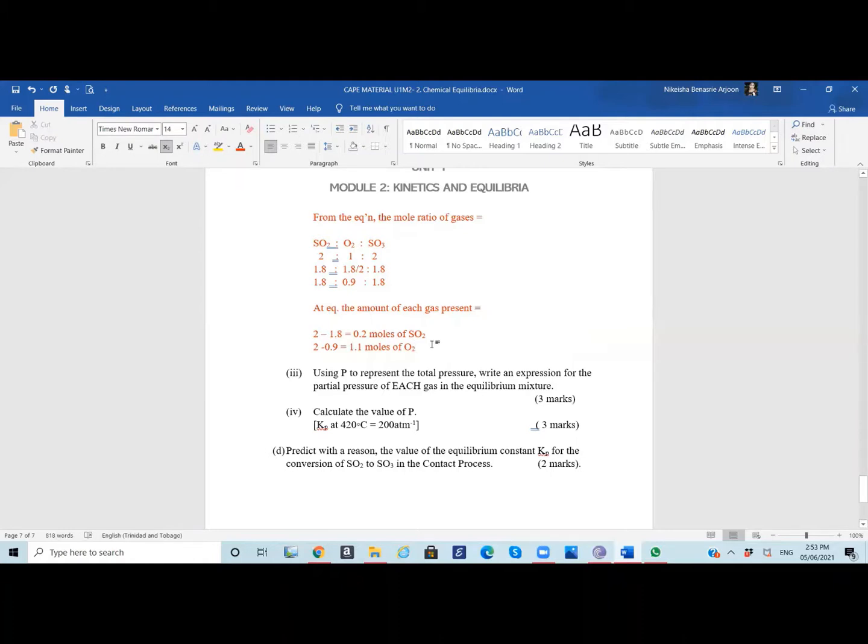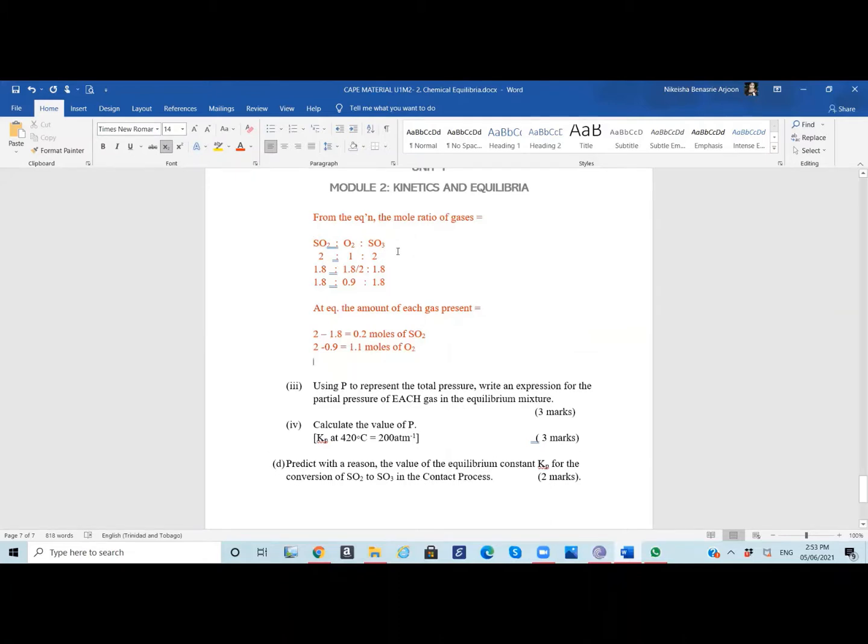And how many moles of SO3? The top ratio is from your chemical equation. This is how they react together in this ratio, 2 to 1 to 2. We use the actual amounts that reacted. 1.8 to 0.9 produces 1.8. So if these were the amounts that reacted, we had the initial amounts.